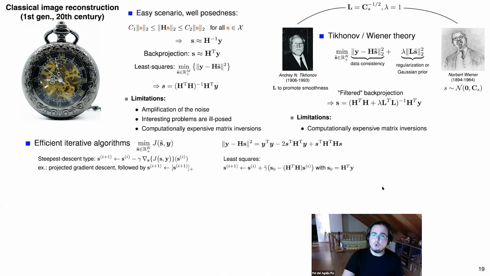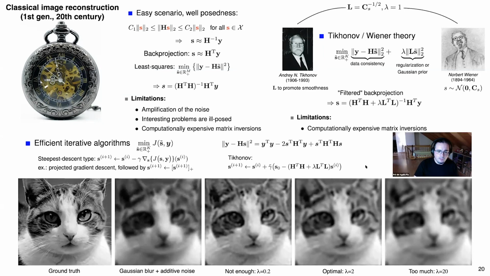If we instead take the Tikhonov problem, it's easy to see that this simply adds this term L transpose L inside the operator that is applied to S at every iteration. This, in a way, usually guarantees that for a specific regularization parameter lambda, we always end up with the same image.